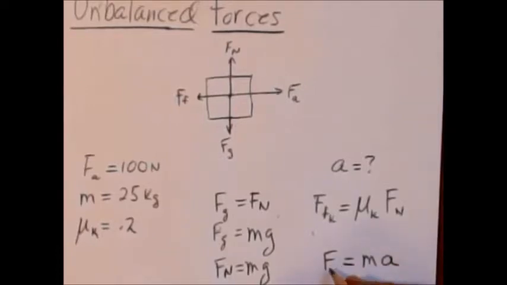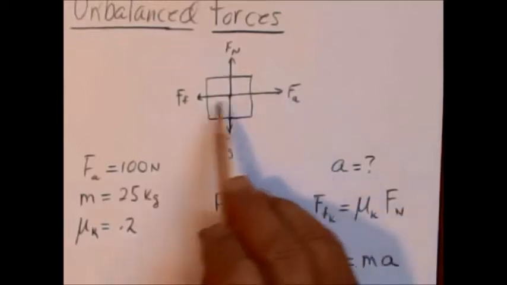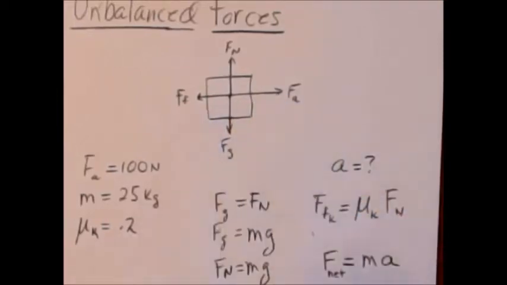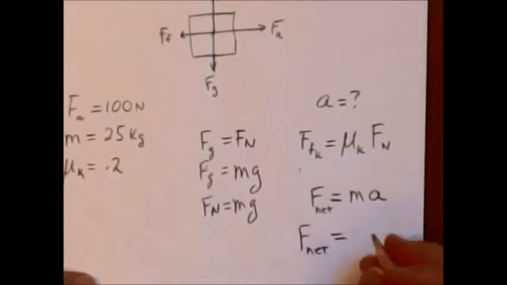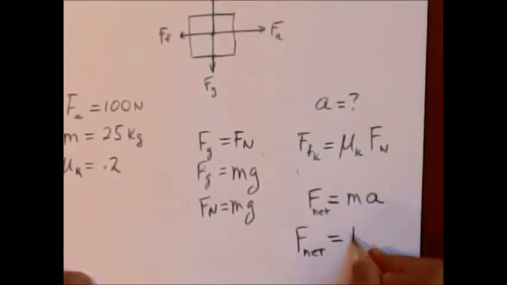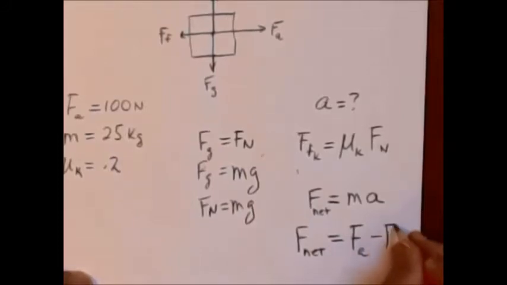Okay. So this F net is the net result of FA and FF. So F net is equal to FA minus FF.